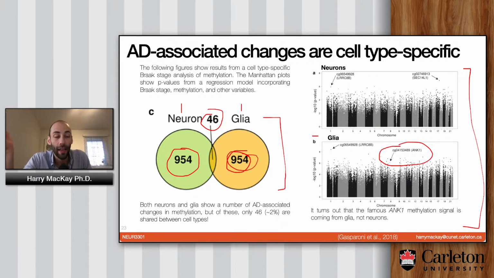But I think it's enough to say that you have to be very aware of cellular heterogeneity. Of course, doing single cell sequencing would be the next step above this. Then you can get into various subtypes of neurons and subtypes of glia, and perhaps you'd be able to find which particular subtypes were the ones really experiencing the disease-associated changes. But that's a question for another day.